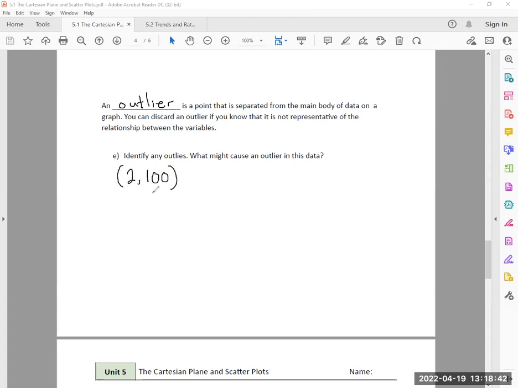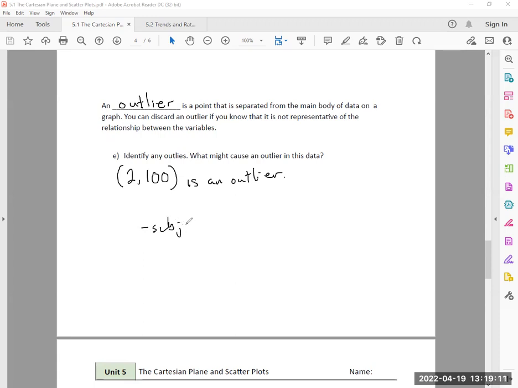2, 100 is an outlier. Do you like how I wrote it as a coordinate? Any mathematician worth their salt will see that and know exactly what the 2 means and know exactly what the 100 means. You don't have to explain any more than 2, 100. Is an outlier. What might cause an outlier in this data?